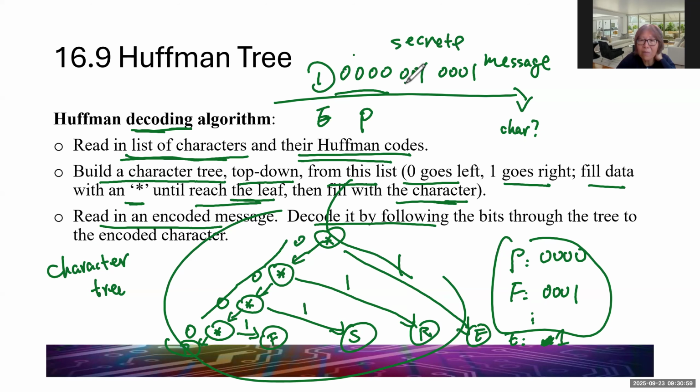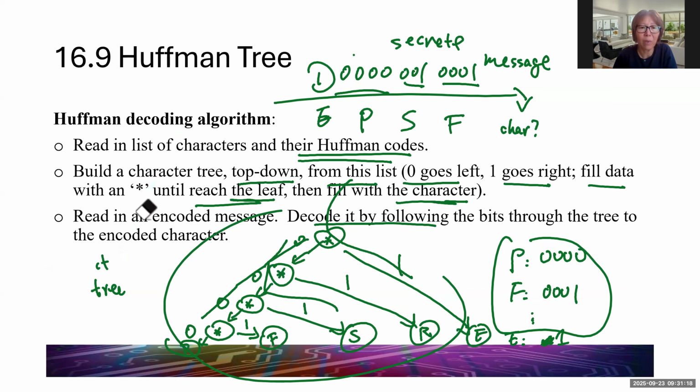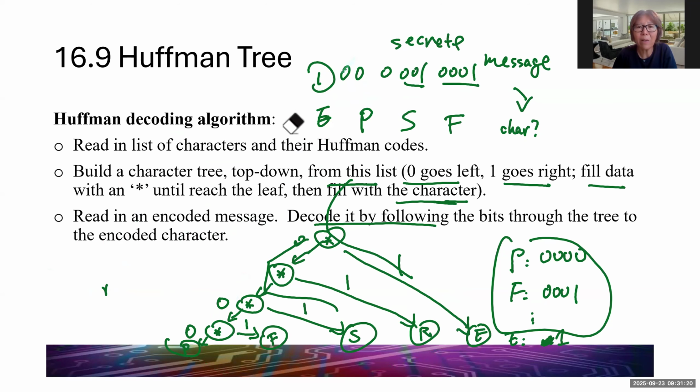That's S. Then 0, 0, and you reach the leaf node. Then you read 0, 0, 0, and 1, and you reach F. That's it, so you can decode the message. So that's the whole idea about Huffman encoding and decoding.